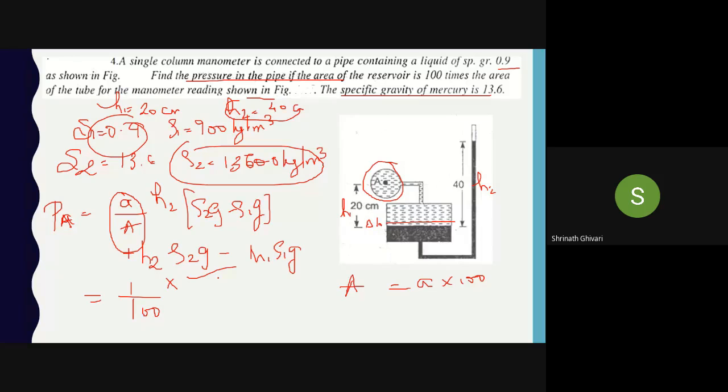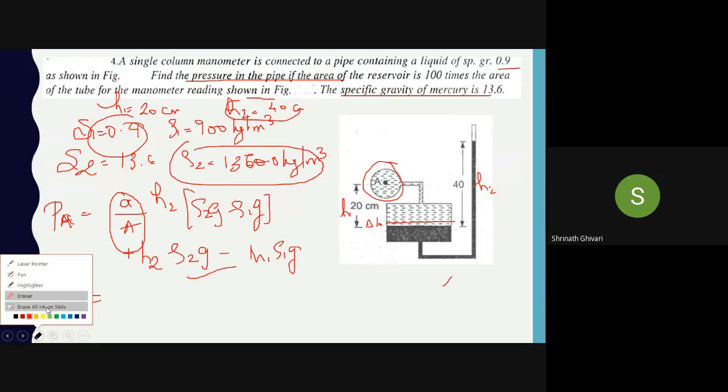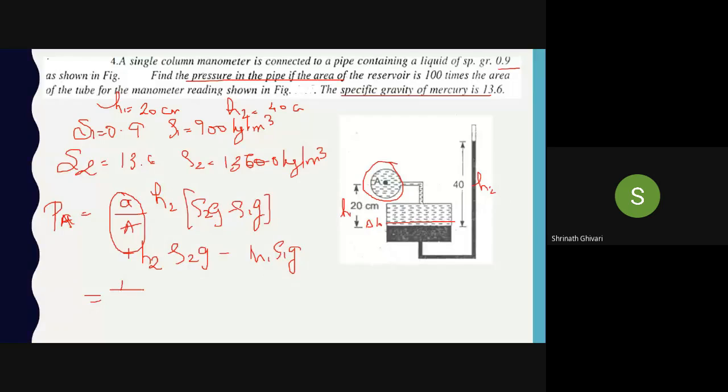How much is it? Or shall I solve it? What is the answer? So a by A is 1 by 100 into H2, which is how much? 40 centimeter.